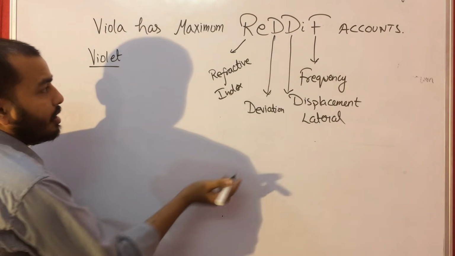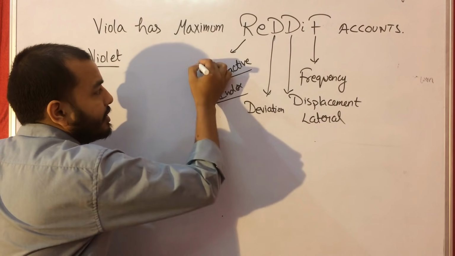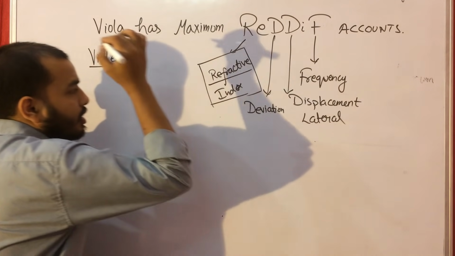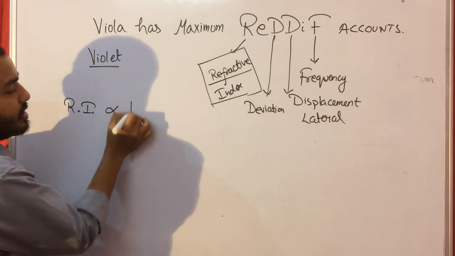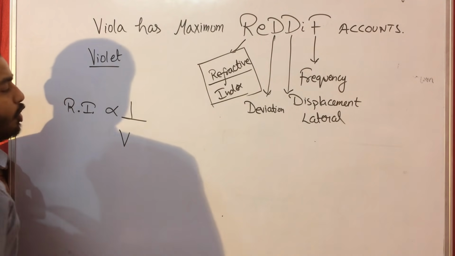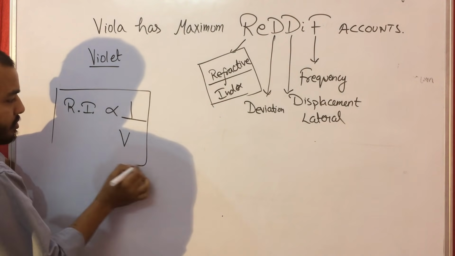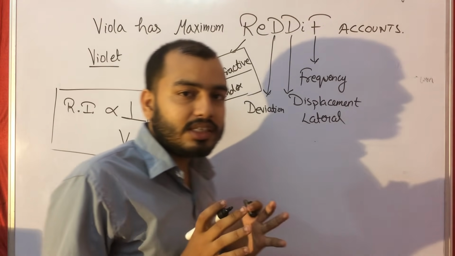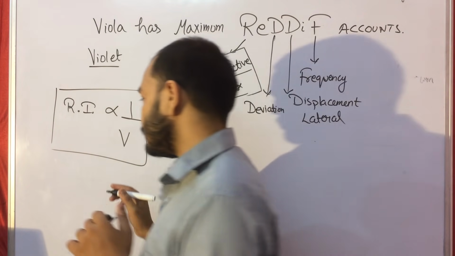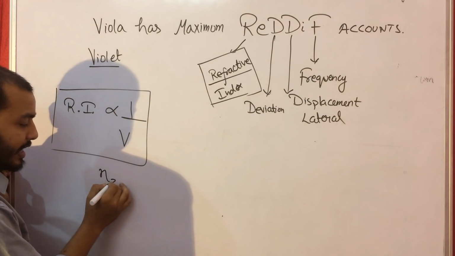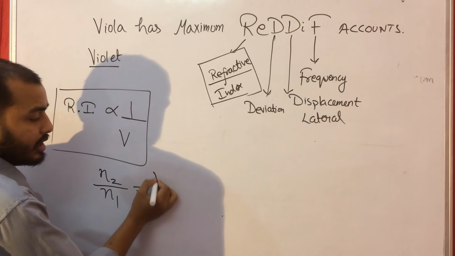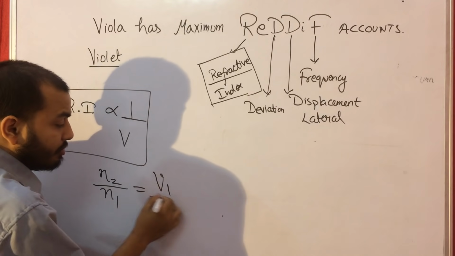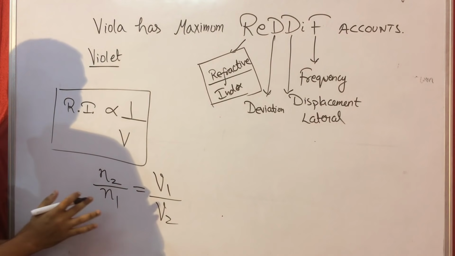Now, coming to this point, refractive index. If you remember, refractive index is inversely proportional to speed of light. Refractive index of second medium upon refractive index of first medium is equal to speed of light in first medium upon speed of light in second medium.